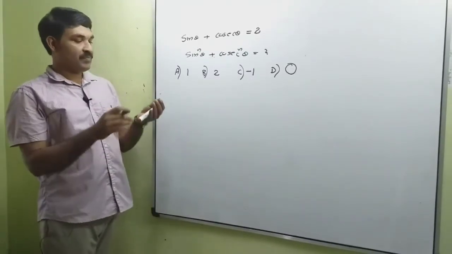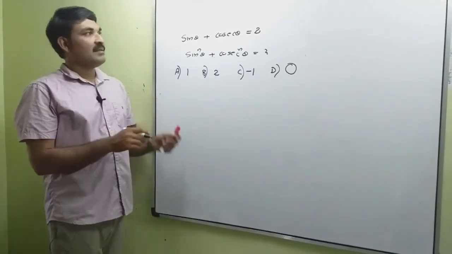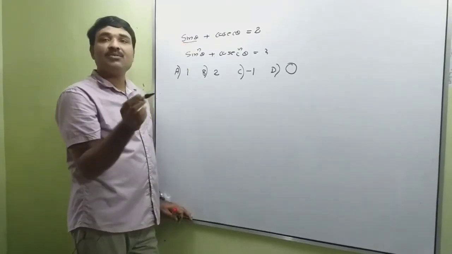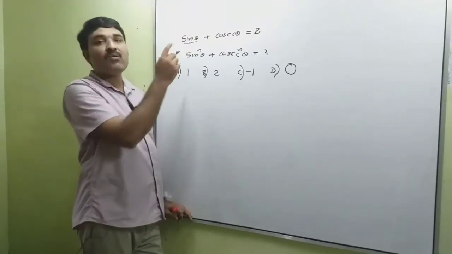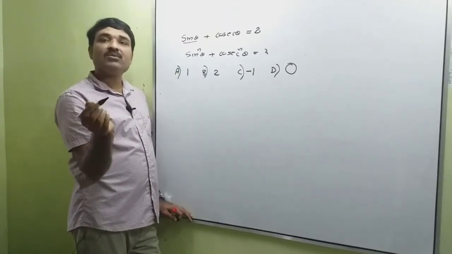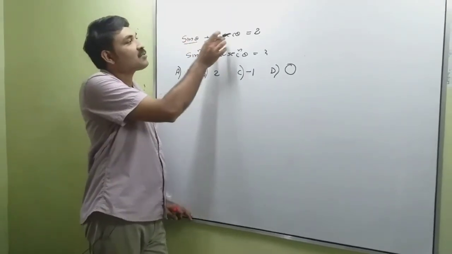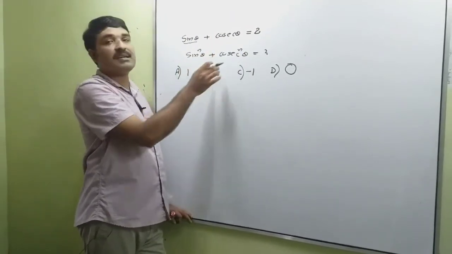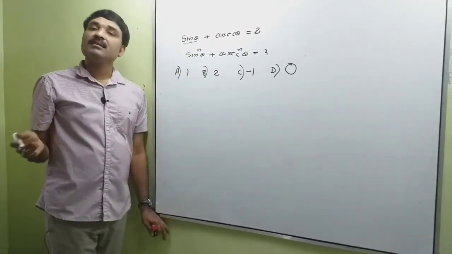Okay. From this condition itself, we can conclude that theta is equal to 90 degree. Sin 90 is equal to 1, cosec 90 is equal to 1. So sin 90 plus cosec 90 is equal to 2. So sin raised to n 90 plus cosec raised to n 90 is always 2.